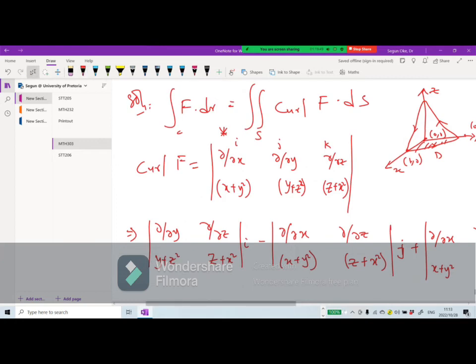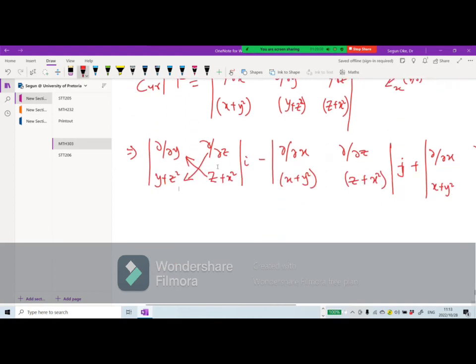So let's differentiate this one. This will do this, while this one will do this. The first one simply means I'm differentiating with respect to y. Do I have y there? No, everything will be 0, sir. 0 minus, we have z here, 2z. Yes. Are you following? Yes, sir.